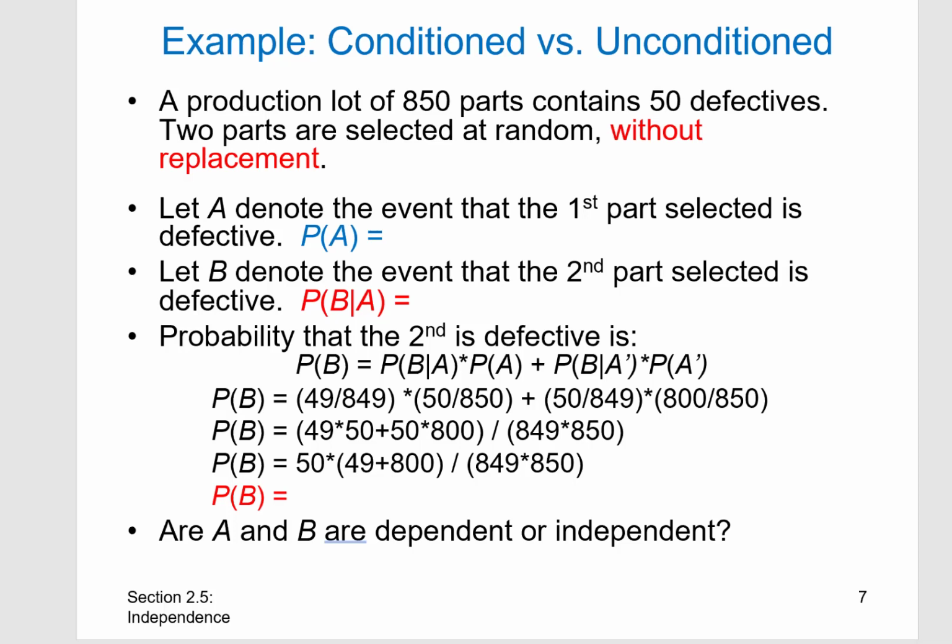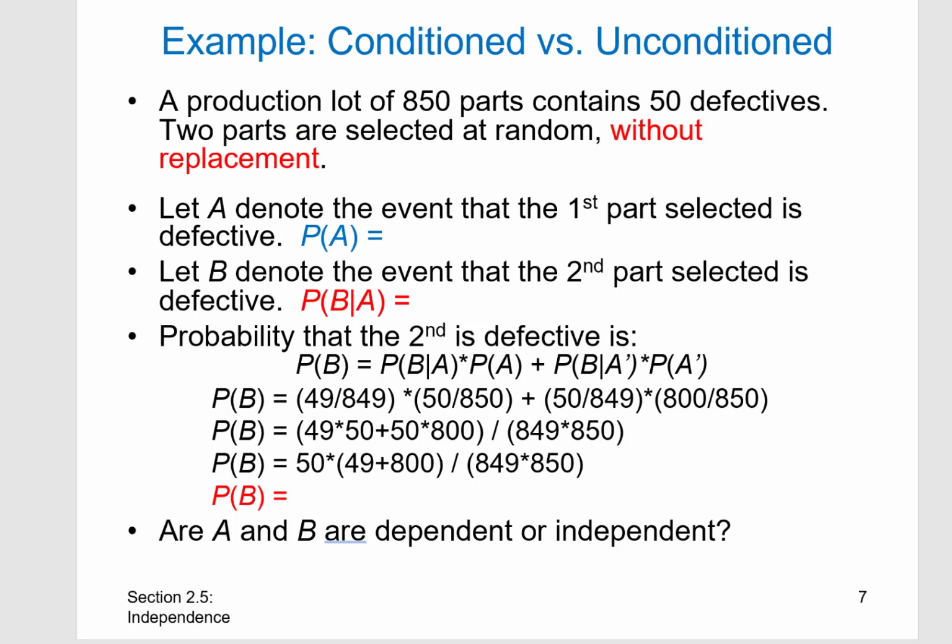So looking at our next example, once again, I'd like for you to stop the video and work on the problem, then we'll work on it together. Now we're looking at this time at 850 parts. It contains 50 defective parts. 2 parts are selected at random without replacement, meaning I have the part in my hand, then I select the other one.